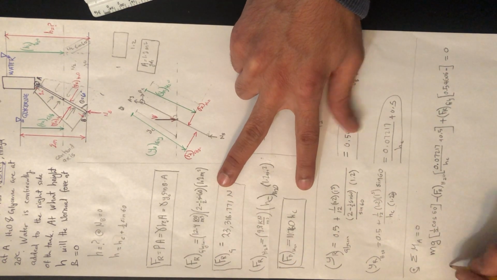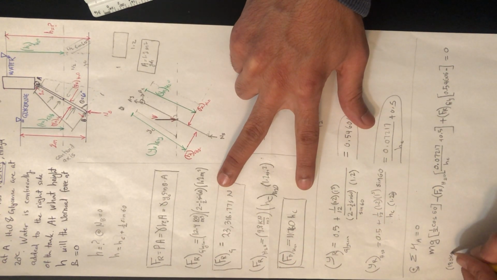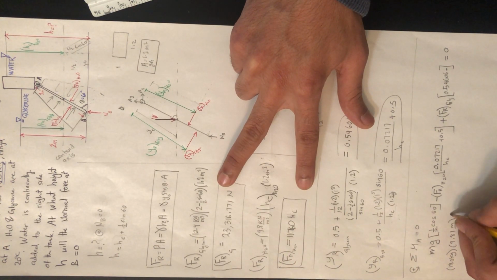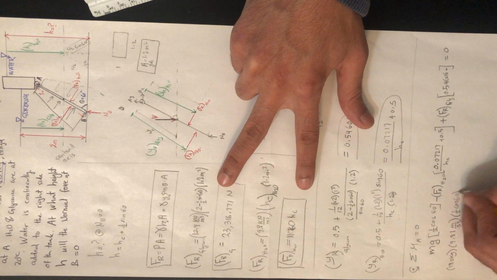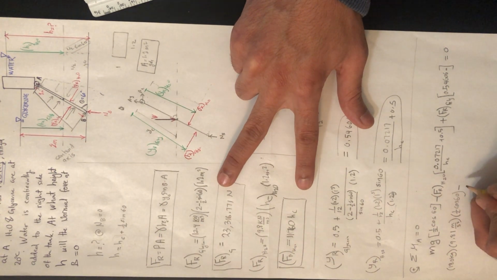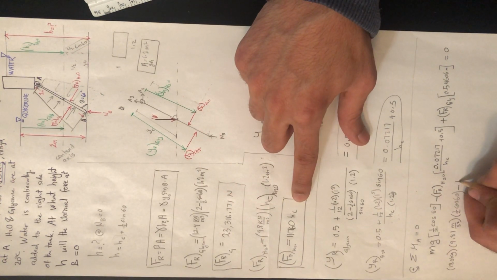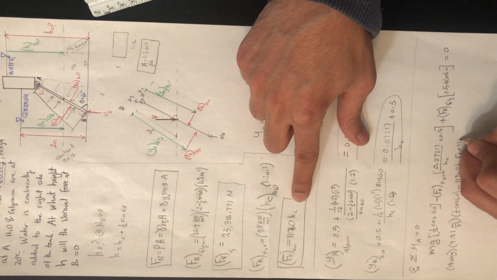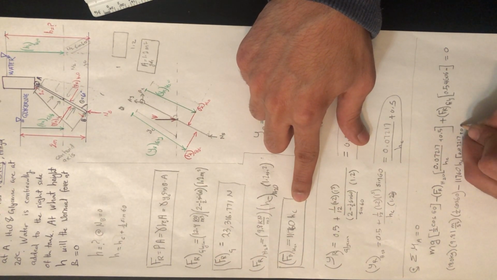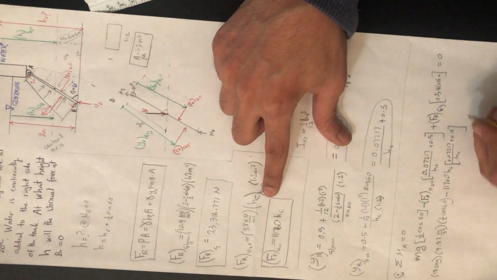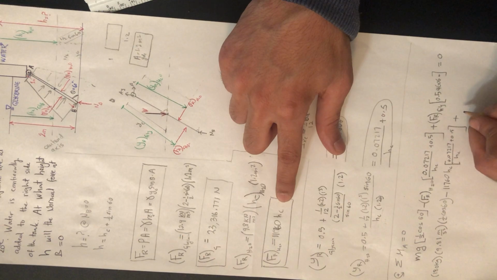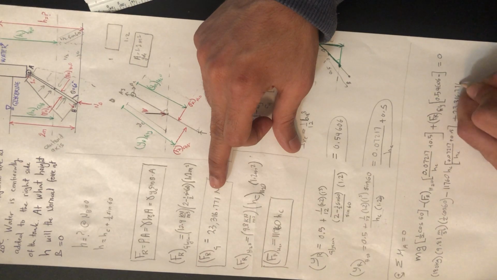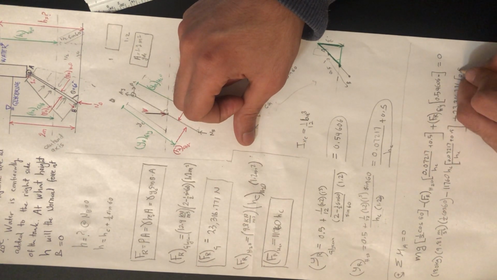Our mass of the gate is given to us, and the FR for the glycerin times the perpendicular distance.